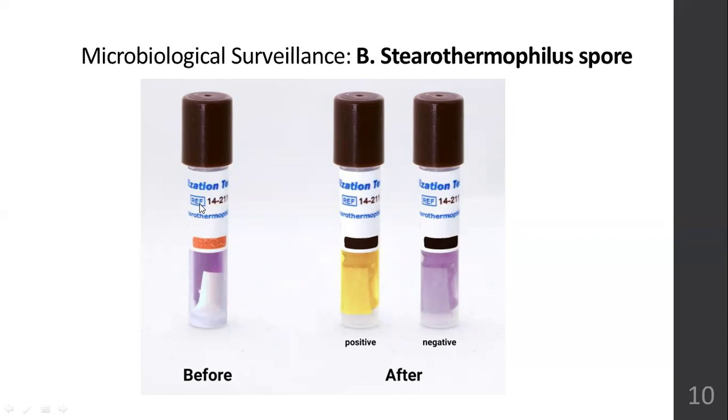These indicators provide a direct measure of the lethality of the process. Lethal means the ability to kill, so how lethal was the process of sterilization. If you use these biological indicators to routinely monitor the efficacy of your sterilizers, that's a quality control measure.